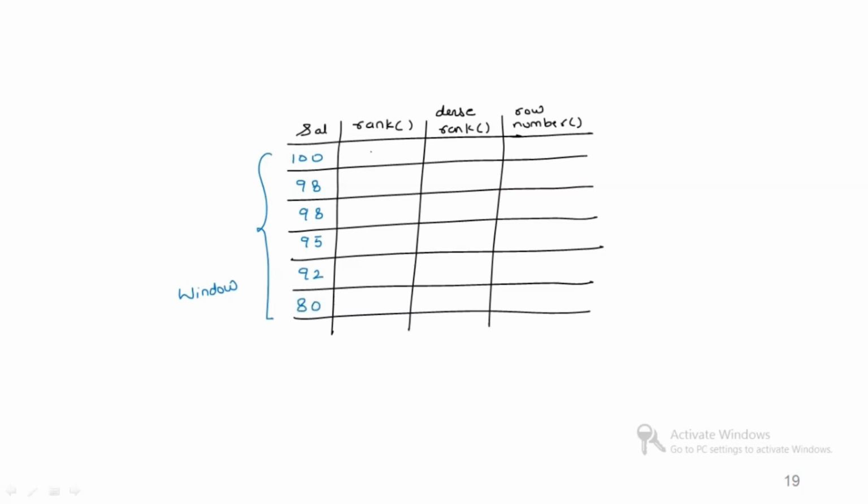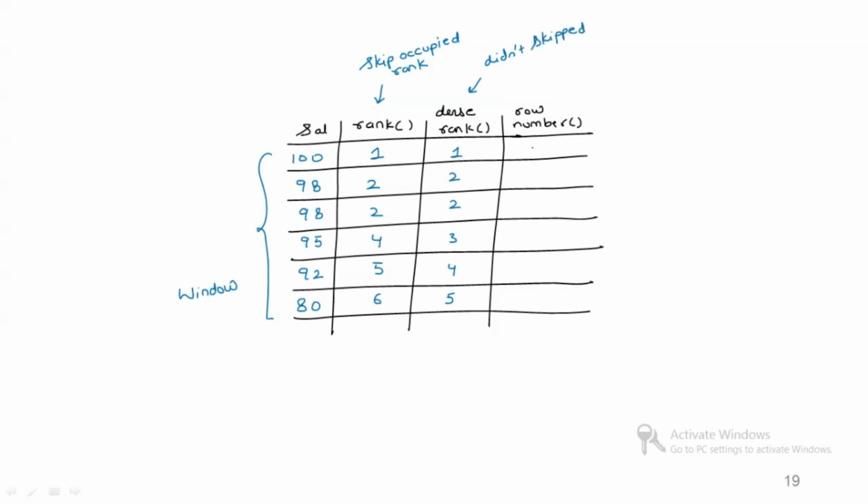Now what the rank function will do is give rank as 1, 2, 2, then 4, 5, 6. So you can see that the rank function will skip the occupied rank. But dense rank will give 1, 2, 2, 3, 4, 5. It does not skip anything.